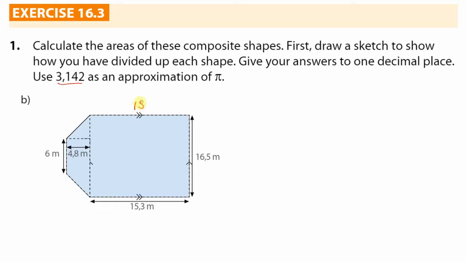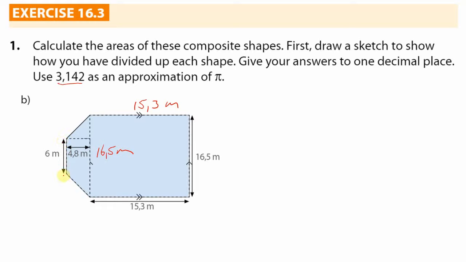So you know, opposite sides of a rectangle are the same length, so this should also then be 16,5 meter. And then it seems we have here a trapezium, because again we have the parallel sides. The one is much longer than the other side.